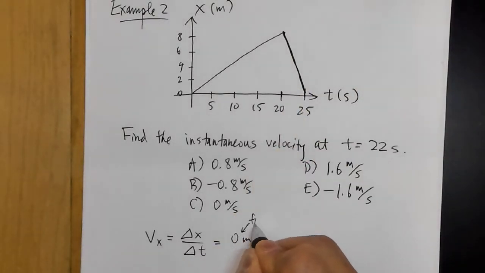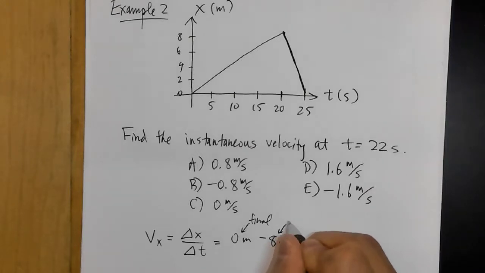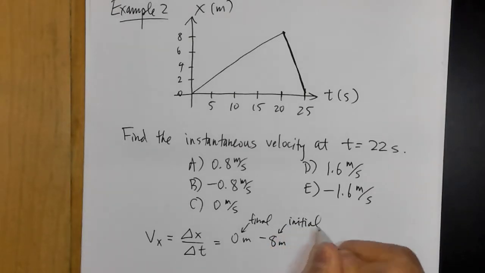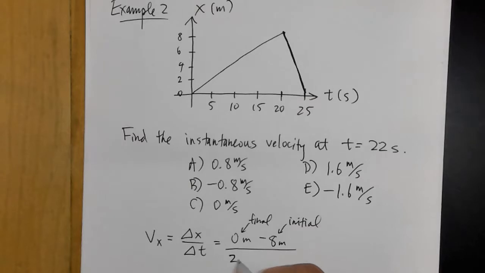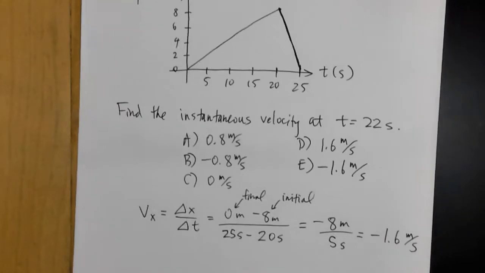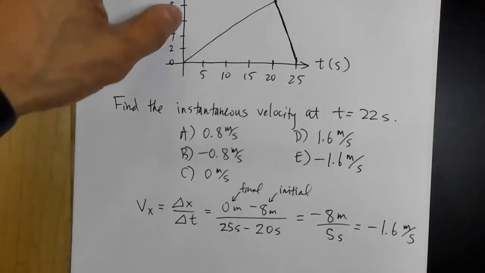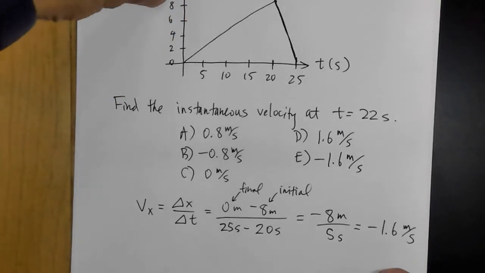The initial is 8 meters. And then the final time is 25 seconds minus the initial, which is 20 seconds. So I get minus 8 meters divided by 5 seconds. And that's minus 1.6 meters per second. Okay? Any questions about this? Everybody's comfortable? All right.